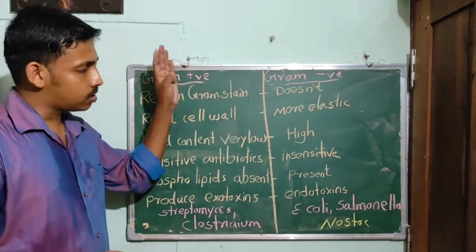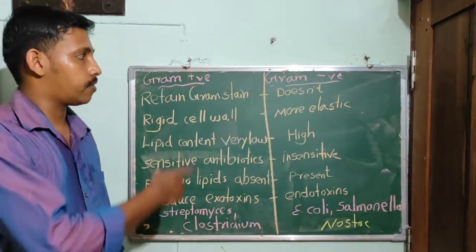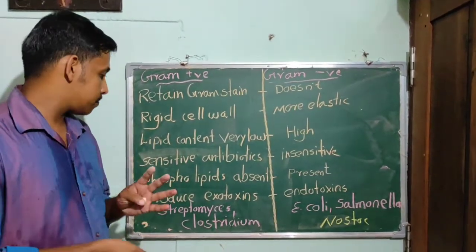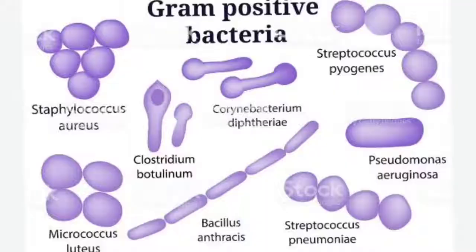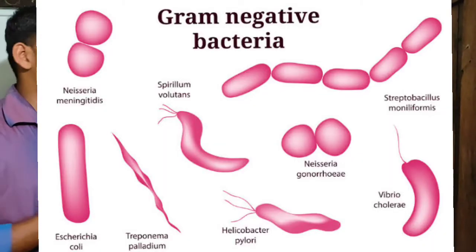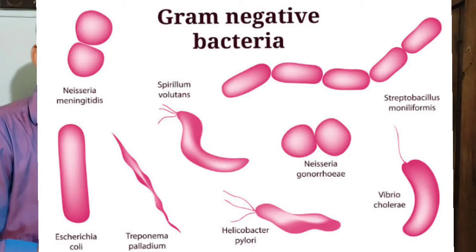Streptomyces and Clostridia are examples of gram positive bacteria. E. coli, Salmonella, Rhizobium, and Nostoc are gram negative bacteria.